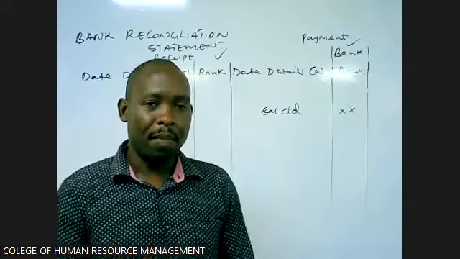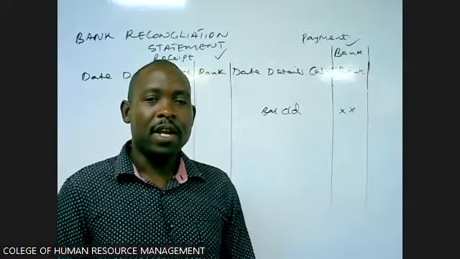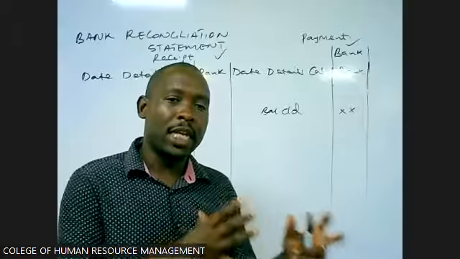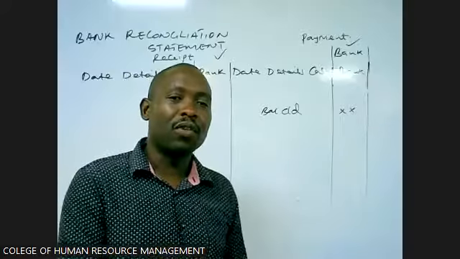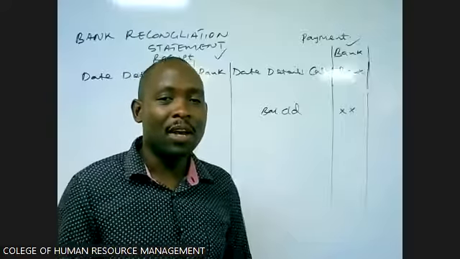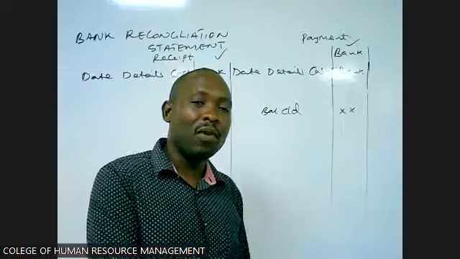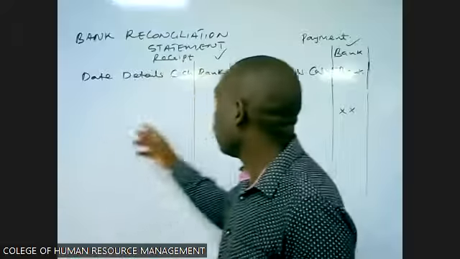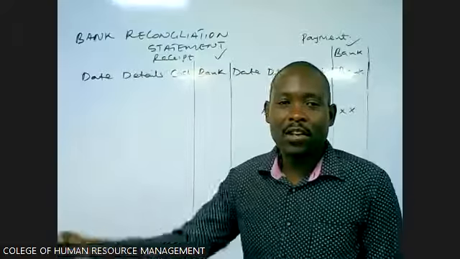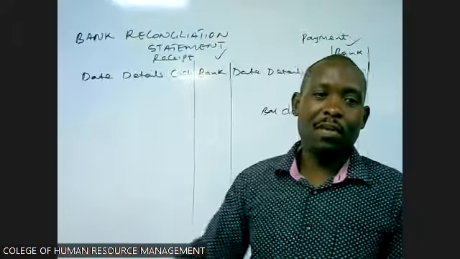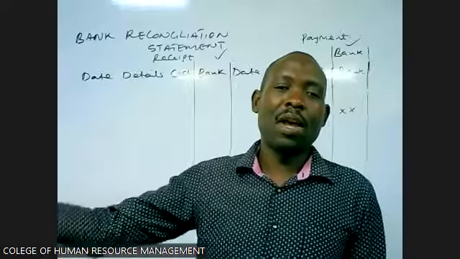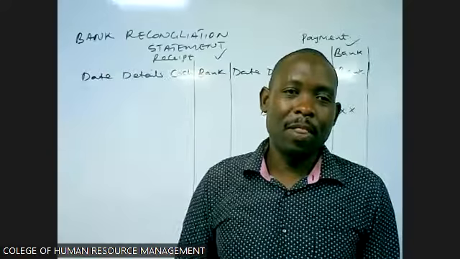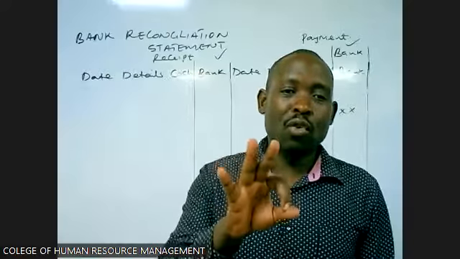Then the other thing happens. Anytime you issue a check, that particular person must take that check to the bank so that money can be transferred from your account to his or her account. Anytime we receive a check on this side, we must take that check to the bank so that money can be transferred from the account of the customer to our business bank account. So we are going to be dealing with the 2 documents here.